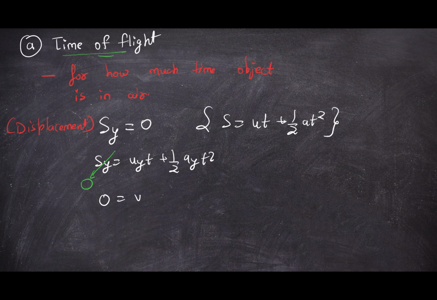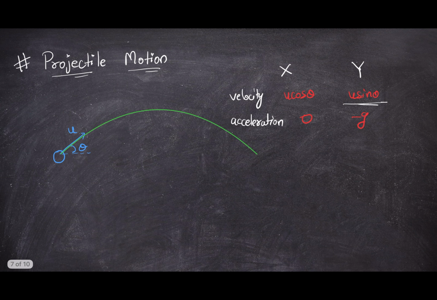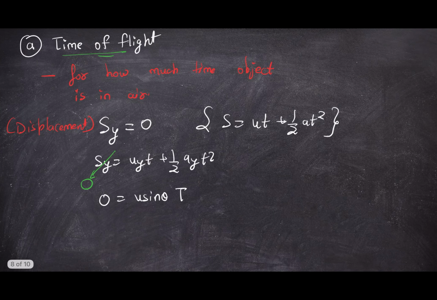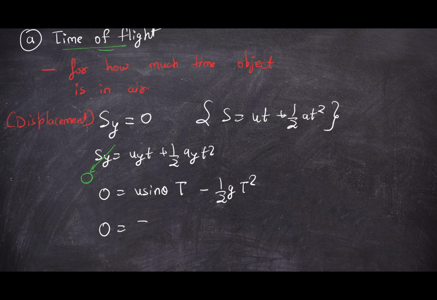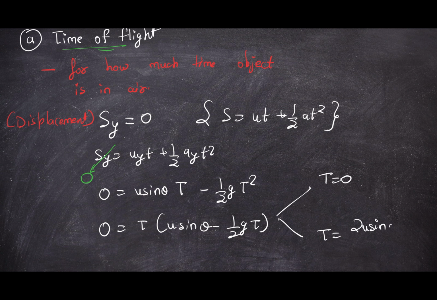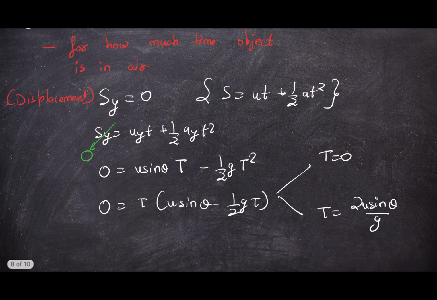So 0 is equal to u sin theta into time t, ay is minus g, so minus half g t square. If you take t common, 0 is equal to t (u sin theta minus half gt). From here you will get two values of t. One, t equal to 0, basically the motion has not started. Another is t is equal to 2u sin theta by g, or I can write this as t is equal to 2uy by g, basically the velocity in y axis. This is the time of flight.